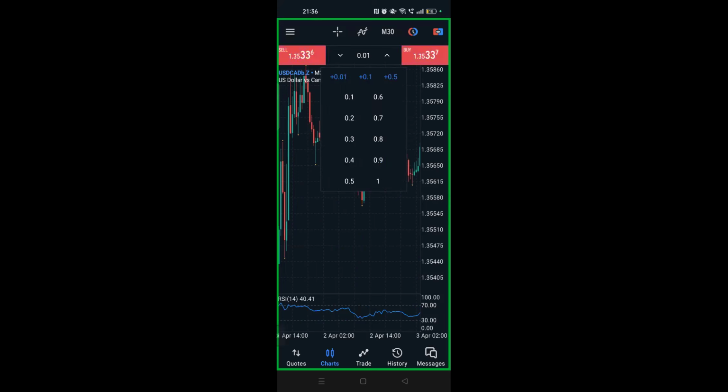And then we have a lot of things we are going to do here. Take your time, observe, take a deep breath. Let's continue. Now, on the right-hand side, in between 1.35860 and 1.35405 is the price. Take note of that.